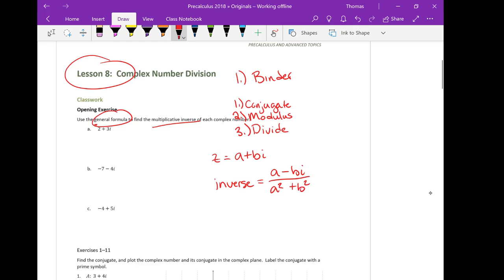That formula we derived last time. If you missed this, it was in lesson 7, so go back to our website and check out the video for lesson 7, and that'll get you up to speed on multiplicative inverse.